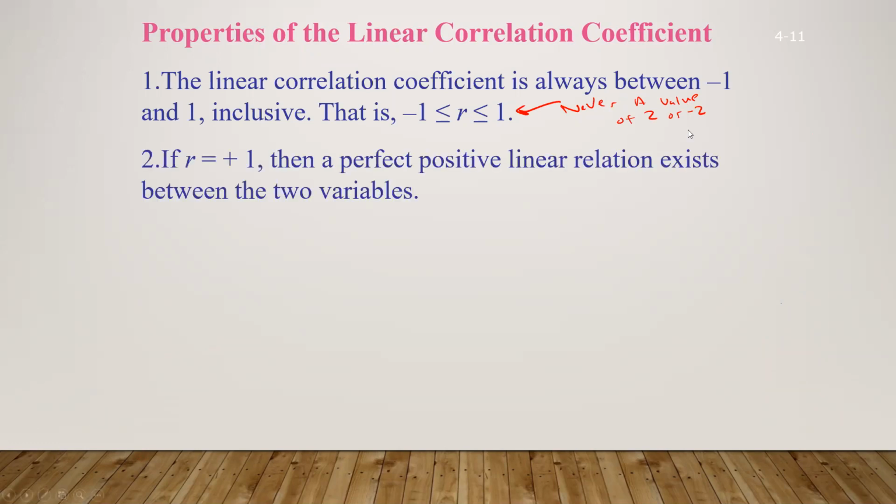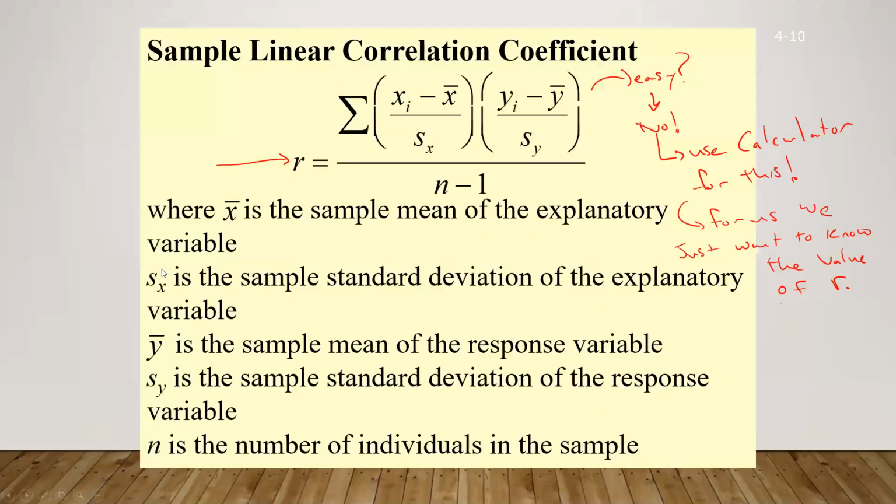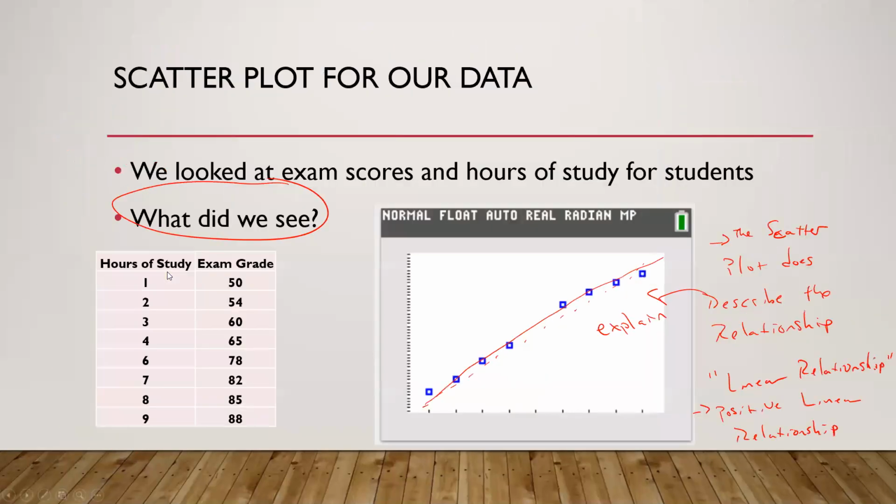If R equals 1, then this is what's called perfect positive linear correlation between the variables. What you would see on your scatter plot is a perfect straight line like this. Going back real quick, in our example, it's not a perfect straight line, it's off a little bit.